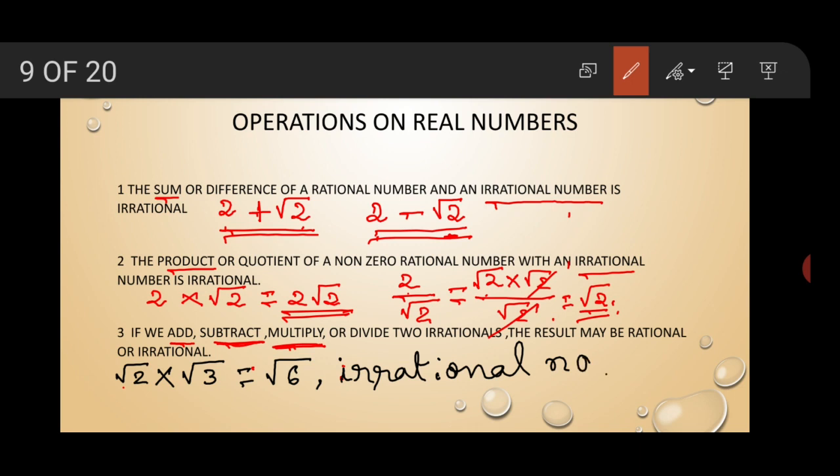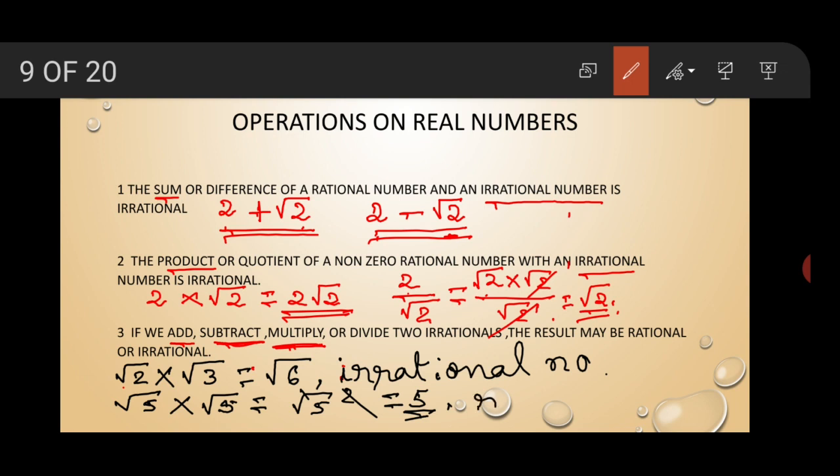Irrational number. Similarly, take one more example. I will take root 5. What happens? Their product, root 5 into root 5, is equal to what? Root 5 square. Now what happens? The square root is cancelled, so the product is 5.